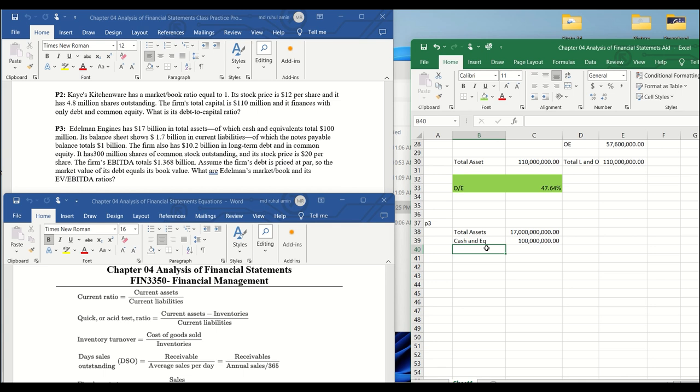Then current liability is 1.7 billion. The notes payable is 1 billion.